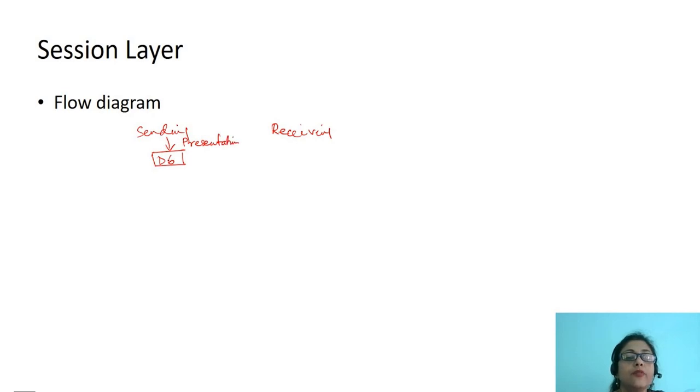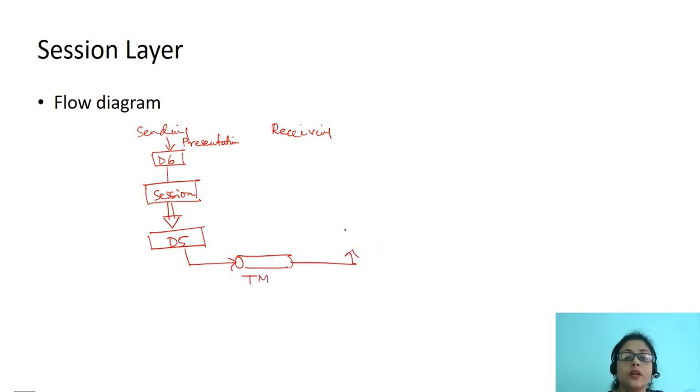So data coming from the presentation layer, or D6, comes to the session layer, and the functionalities of the session layer happen, then it creates D5 data. Now this D5 data travels through the transmission medium.